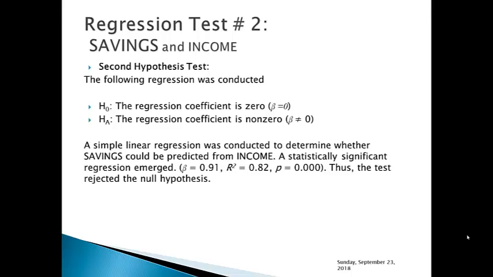A simple linear regression was conducted to determine whether savings could be predicted from income. However, a statistically significant regression emerged where beta was equal to 0.91, R squared was equal to 0.82, the p-value was 0.000. Thus, the test rejected the null hypothesis.